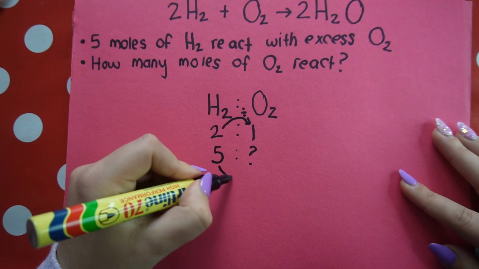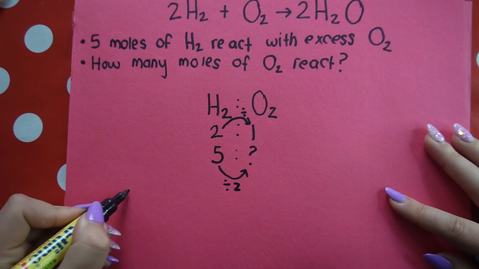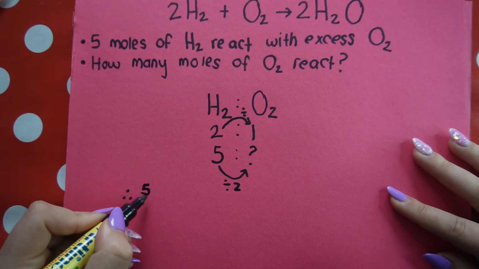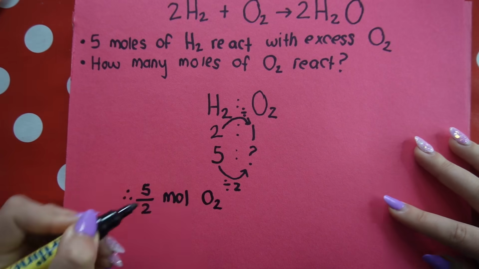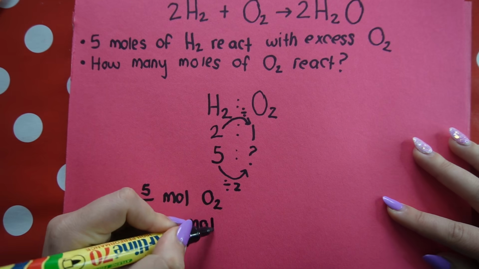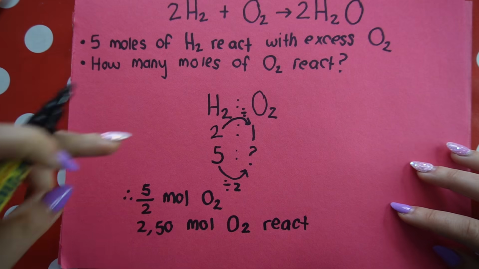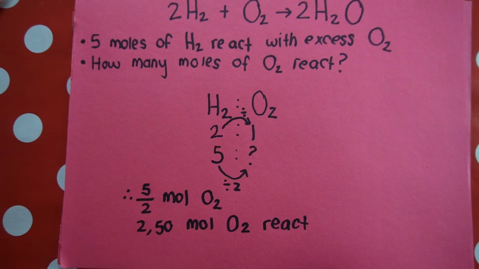So I must divide 5 by 2 to get the moles of oxygen that will react. Therefore, I will have 5 over 2 moles of oxygen, which is equivalent to 2,5 moles of oxygen that react. There we go. Because it's a 2 to 1 ratio, we divide 5 by 2.